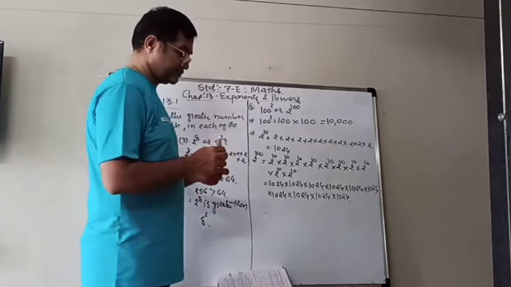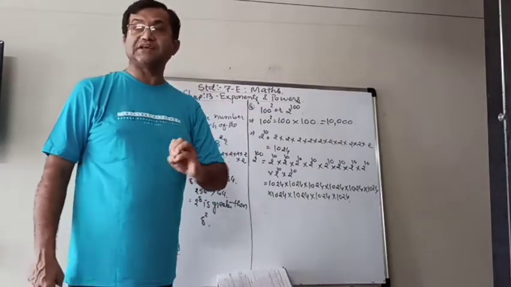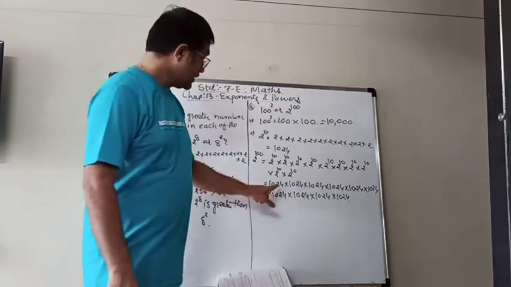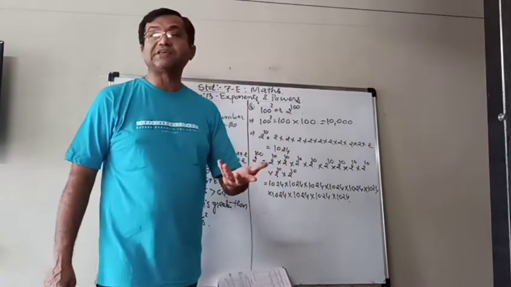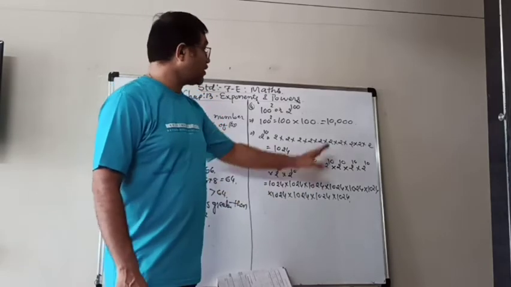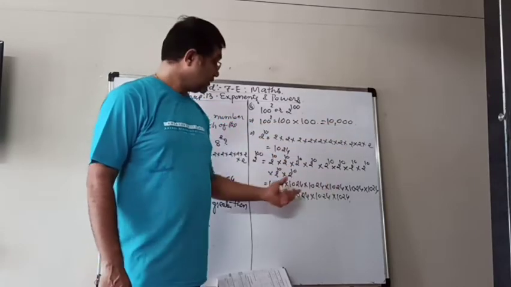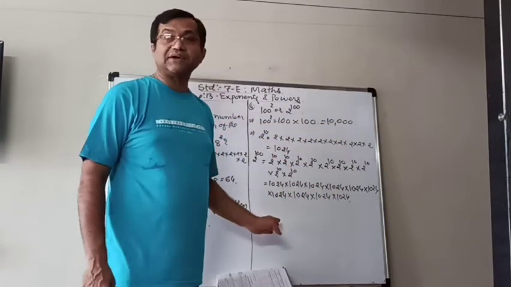Now, let's understand that 1024 is only 1000. So 1000 multiplied by 1000 is obviously bigger than 10,000. Then what about this big multiplication?